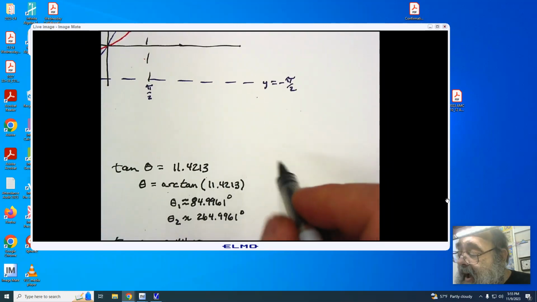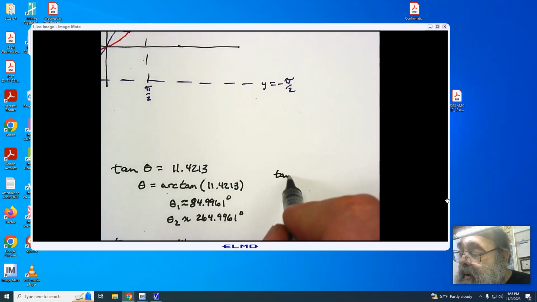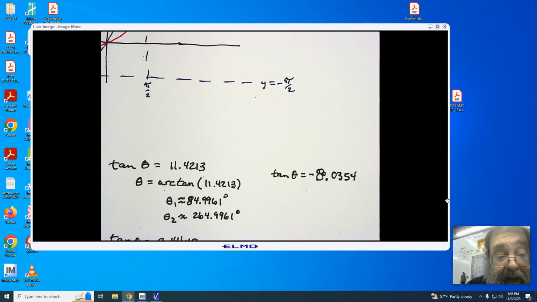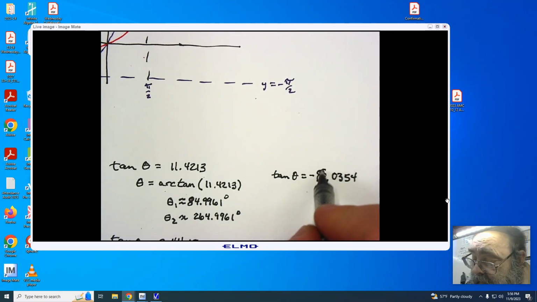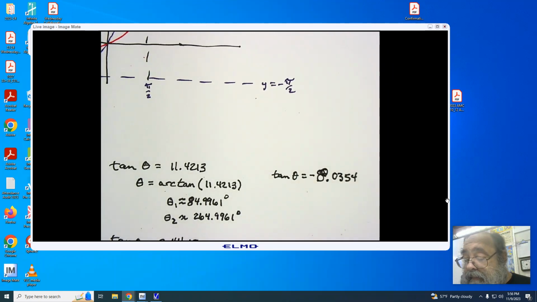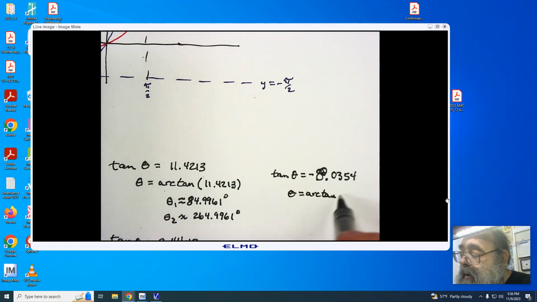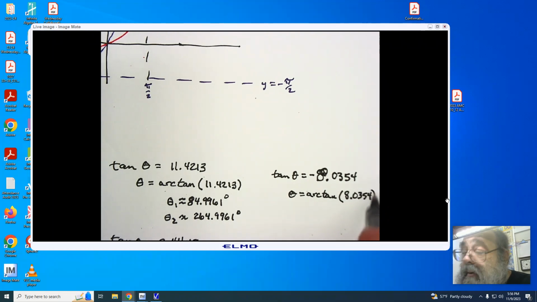Let's say we have the tangent of theta is negative 8.0354. So once again, we're looking at a negative 8.0354. That means that my theta has to equal the arc tangent of negative 8.0354.